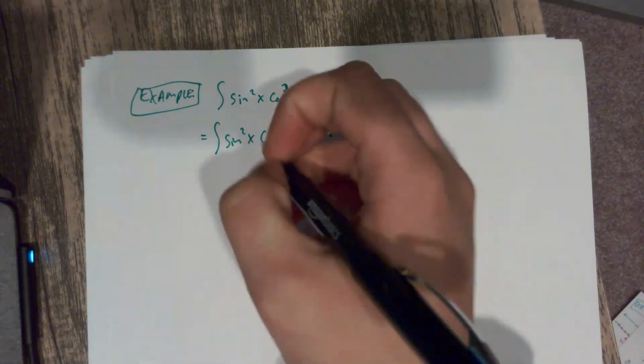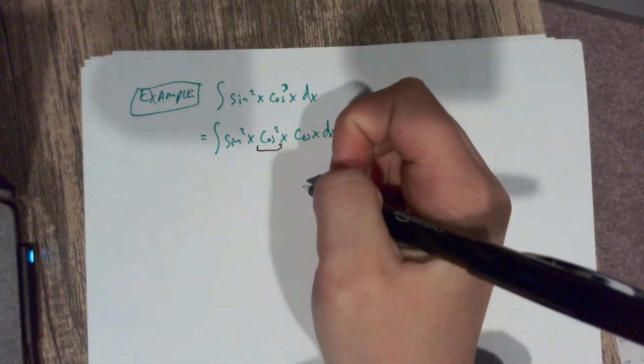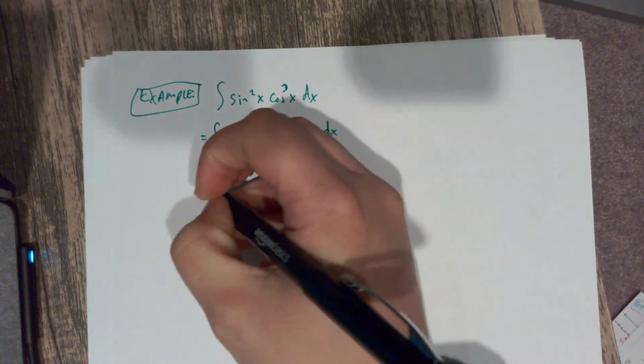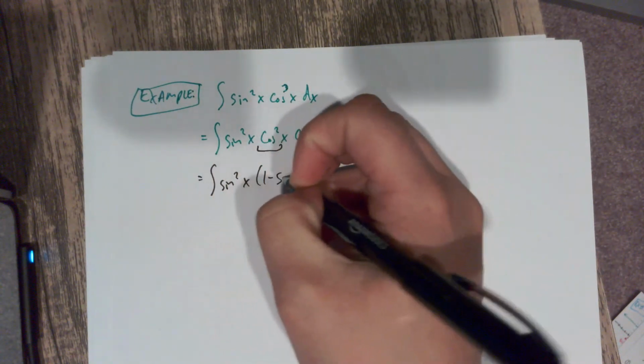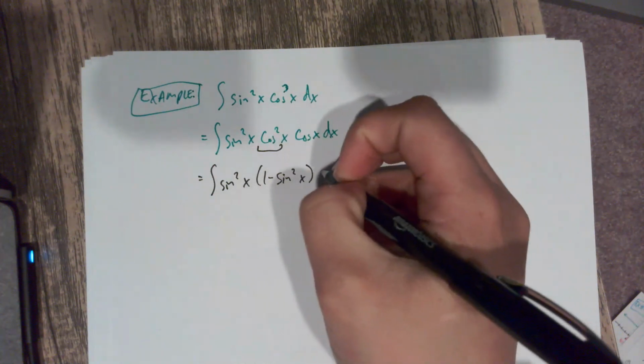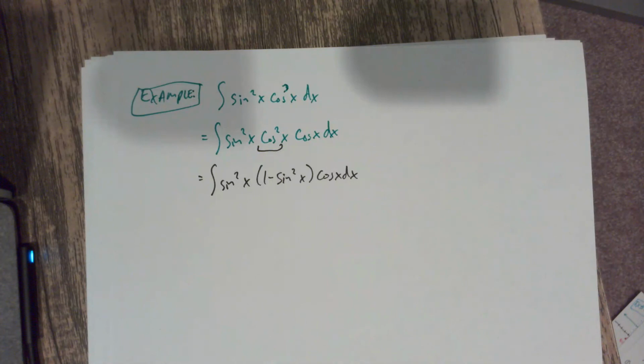Then I want to replace the cosine squared with 1 minus sine squared, like in our identity. So we have sine squared times 1 minus sine squared cosine x dx. Okay.